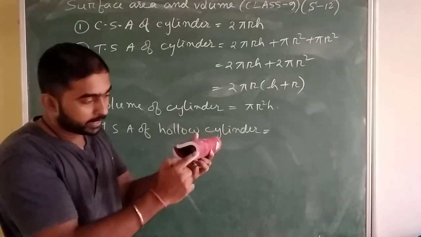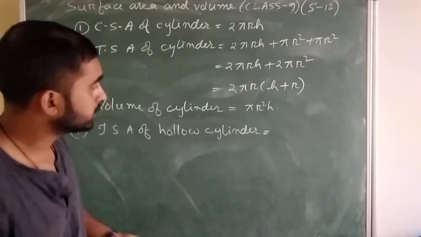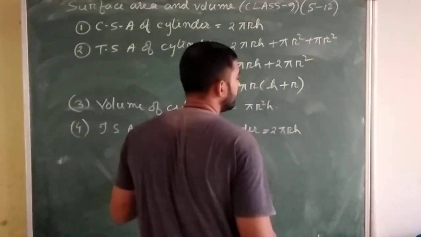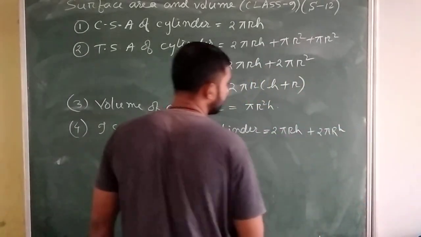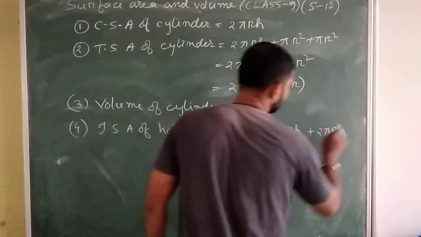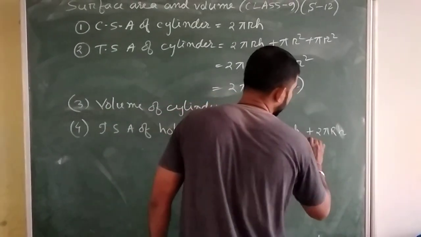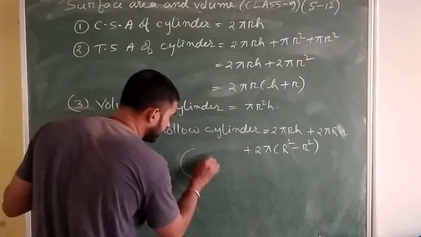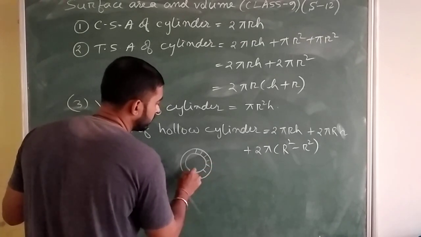surface area and the area of the two bases, the area of these portions. That is equal to inner curved surface area plus outer curved surface area plus 2 pi (R square minus r square). Outer circle area minus inner circle area. This is pi r square.